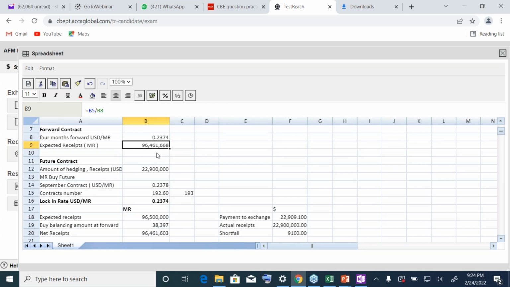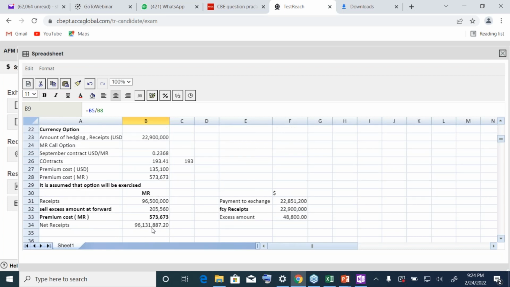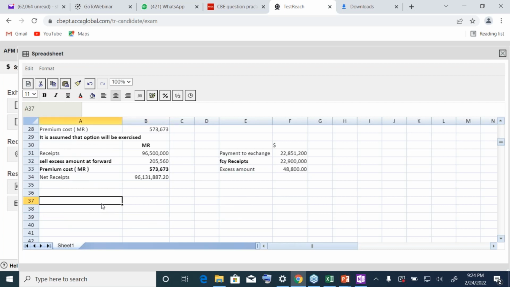And the option contract has the lowest answer, 96.131 million. So you can advise here, even in the spreadsheet. You can write a recommendation or you can write the advice.